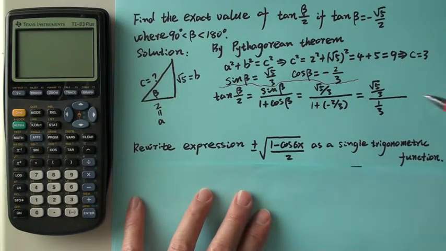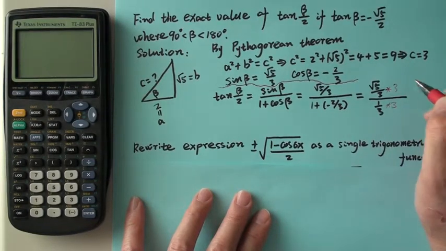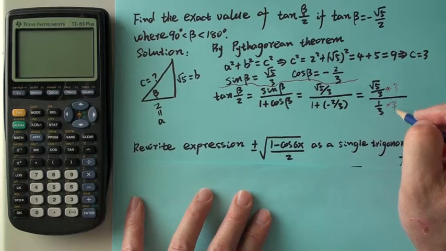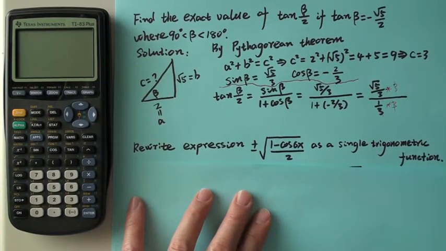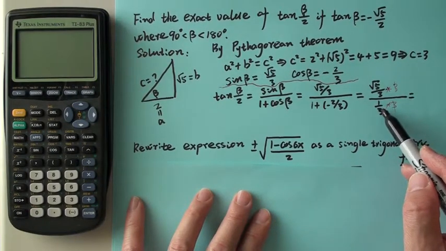Now, multiply both numerator and denominator by 3. You may then cancel this 3 with this 3, and this one with this one here. So what do we get is radical 5 upstairs, downstairs is just 1.